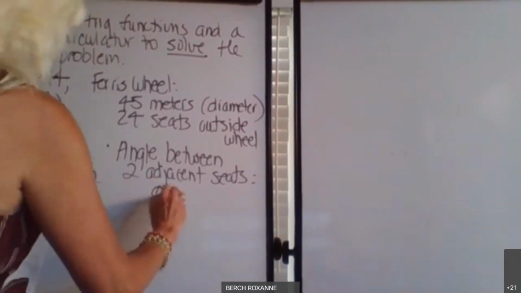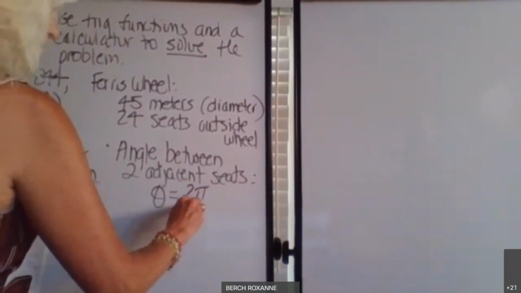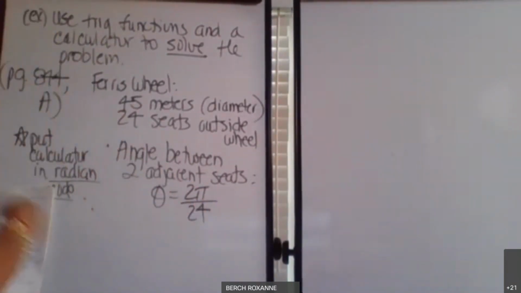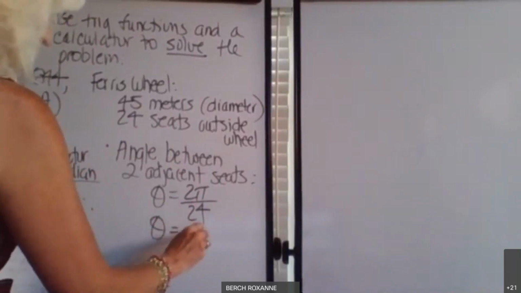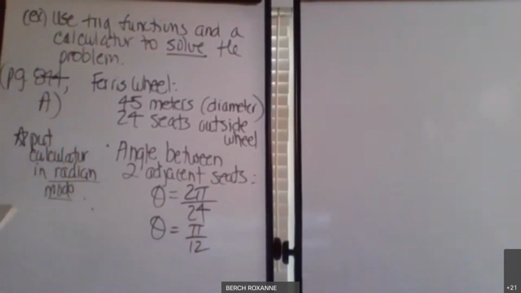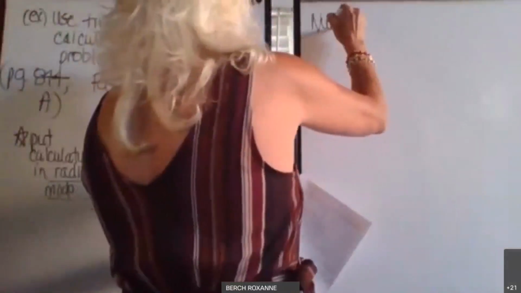So theta, a full revolution is 2 pi divided by 24. So the angle is going to be pi over 12. That's the angle between two adjacent seats.